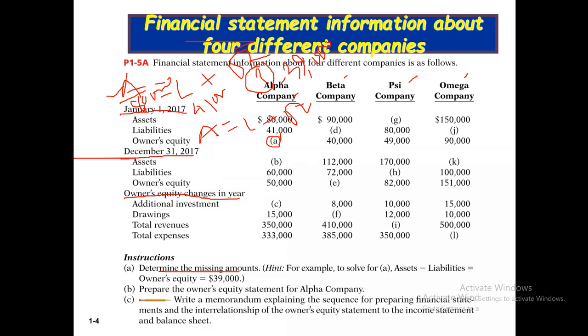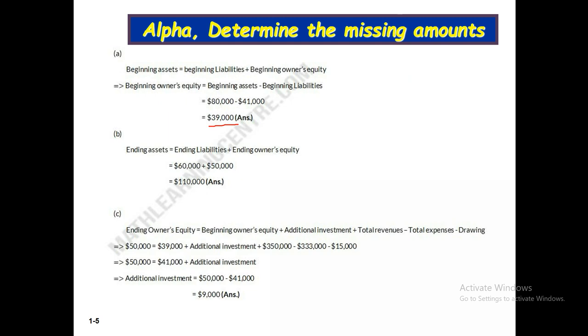Our liability is 60,000, and owner's equity is 50,000. After combining the two figures, we get the asset. That means asset will be 1,10,000. This is our closing asset, the ending asset or closing asset, 1,10,000.